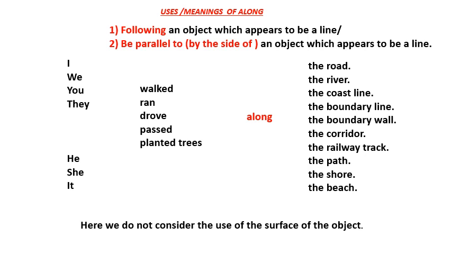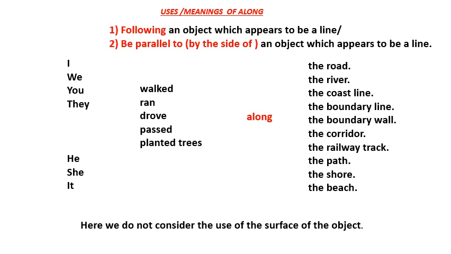I walked along the railway track. I walked along the path. I walked along the shore. I walked along the beach. In this way, using other verbs and also other pronouns, we can make a number of sentences from the substitution table.